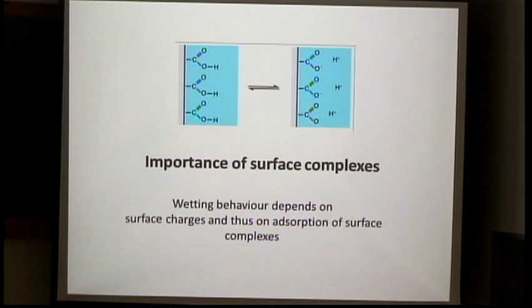Another important issue is surface complexes, which I'm not going to talk about much for the very simple reason that in the first results we are not taking them into account. But they have to be taken into account.